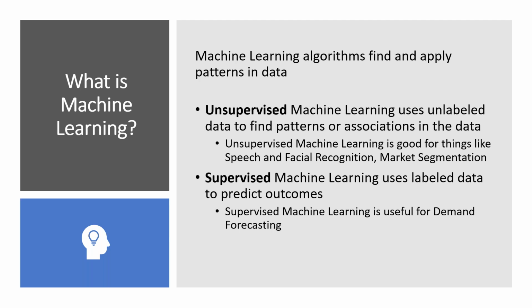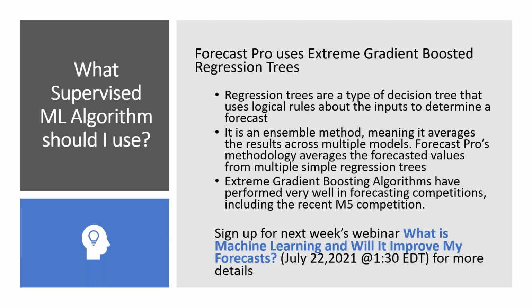So when we were thinking about implementing machine learning in Forecast Pro, we first of all had to figure out what type of supervised machine learning algorithm we should use. And we decided to go with something called extreme gradient boosted regression trees. The main reason that we chose to implement this extreme gradient boosting is it has performed very well in forecasting competitions.